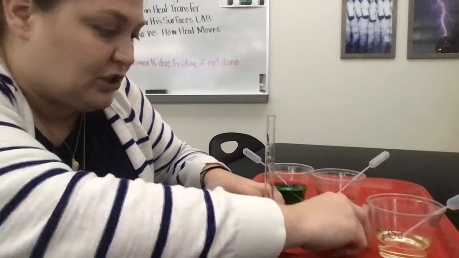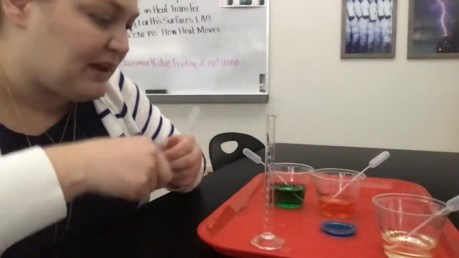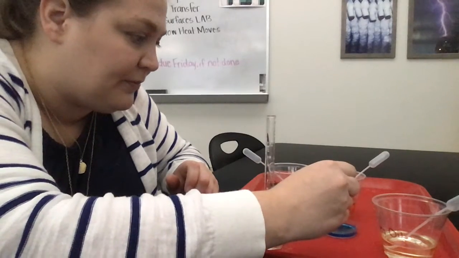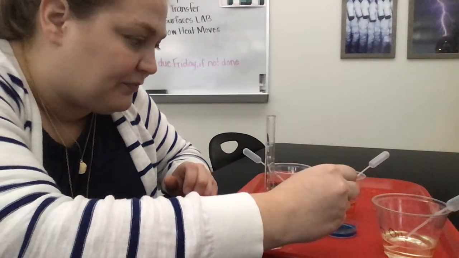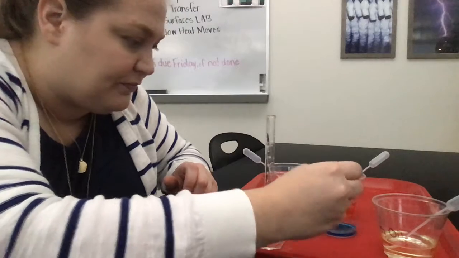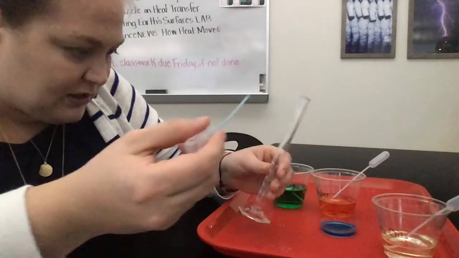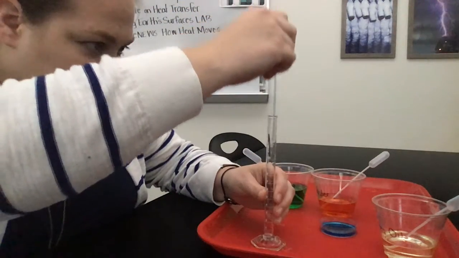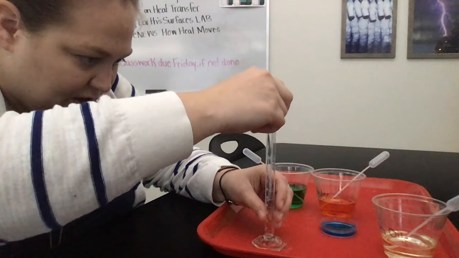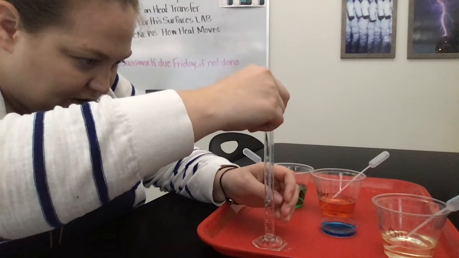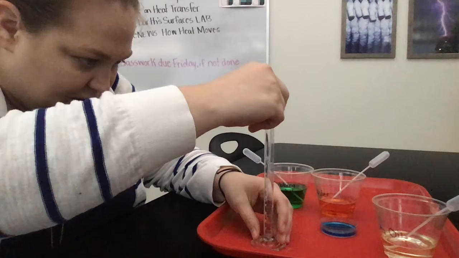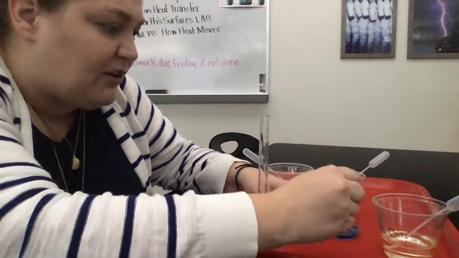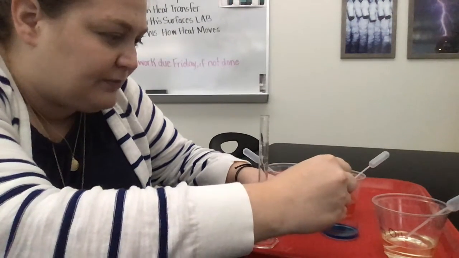So I'm going to use a tiny amount of my Dawn dish soap here. And I want to be sure to get it in the middle of the graduated cylinder.